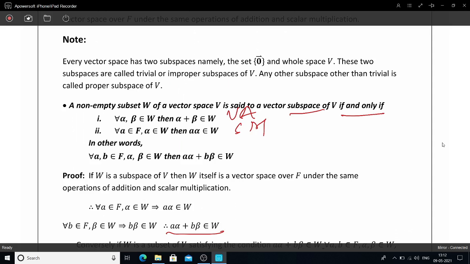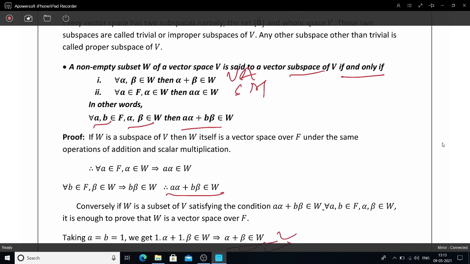If I combine these two, vector addition as well as scalar multiplication, we can form a beautiful mathematical representation, that is A alpha plus B beta belongs to W. This is the combination of vector addition as well as scalar multiplication, where A and B are scalars, alpha and beta are vectors belonging to W here.